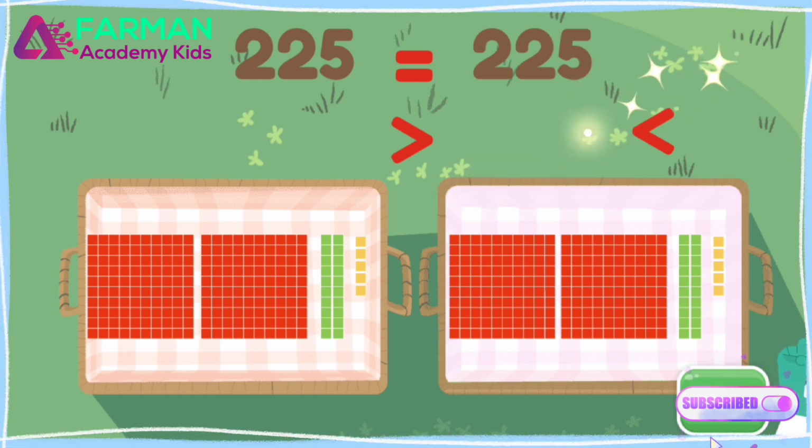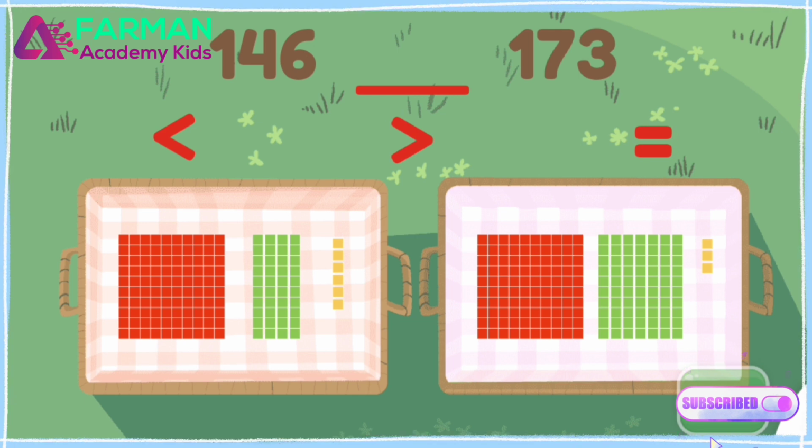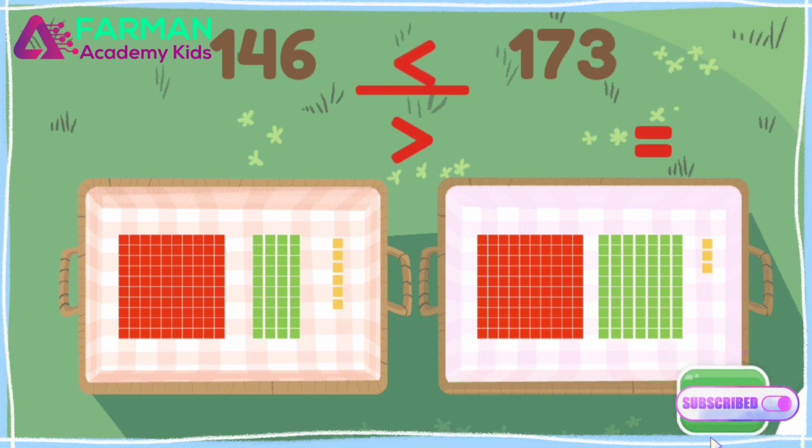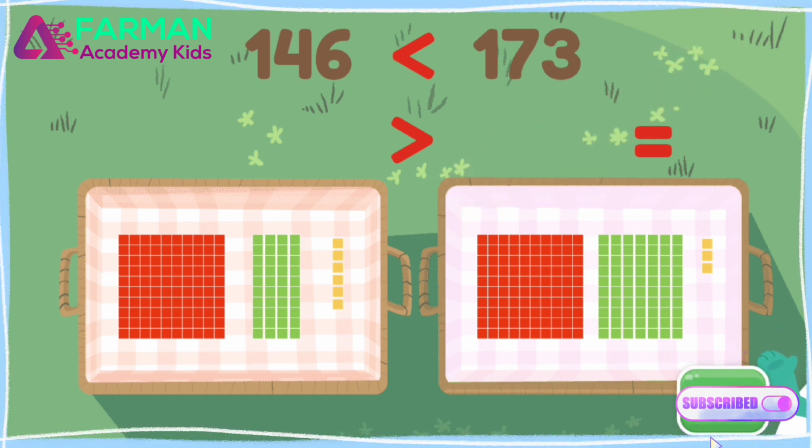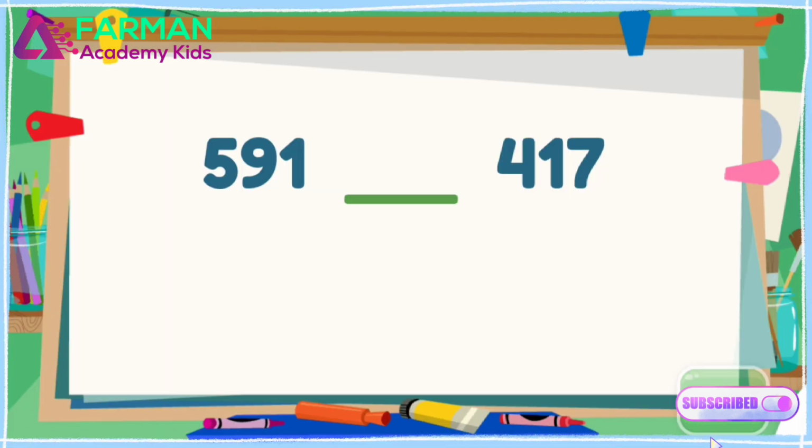That's right. The numbers are equal. Drag the correct symbol to the blank. Way to go! 146 is less than 173. Pick the correct symbol.